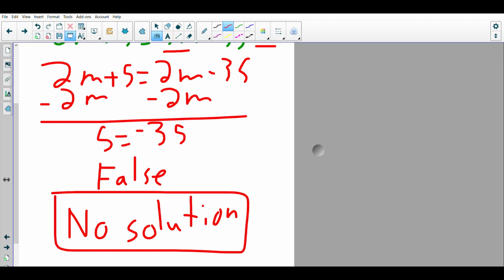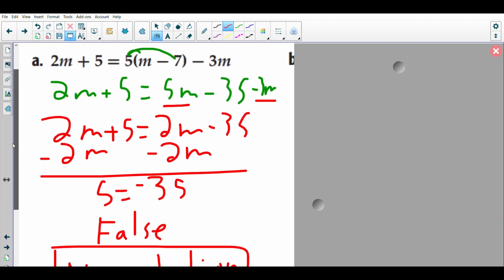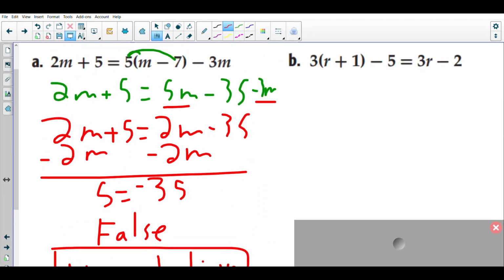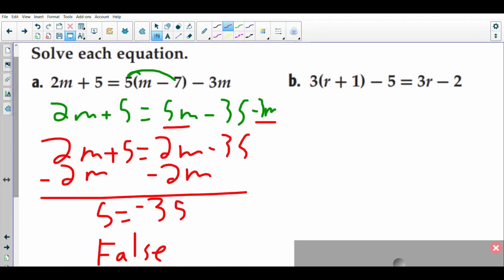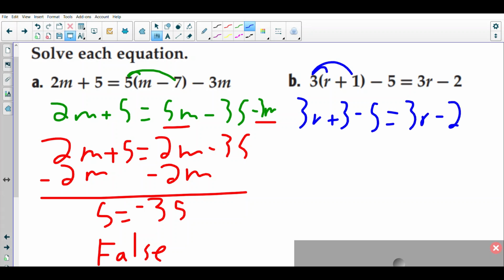So false is just a statement. False isn't the answer. The answer is no solution. So now let's go through another one. 3 times the quantity r plus 1 minus 5 is equal to 3r minus 2. So once again, I'm going to distribute on the left side in this case. 3r plus 3 minus 5 is equal to 3r minus 2. Combine like terms, as we normally do, we should simplify.